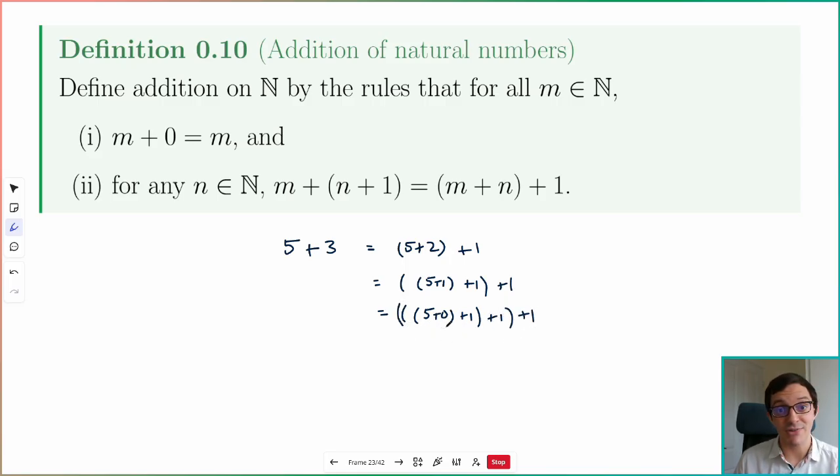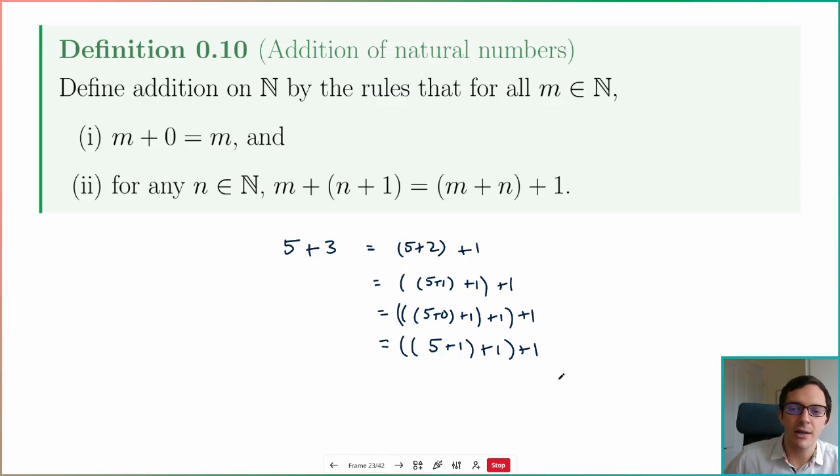And then you get down to 5 plus 0, at which point you're allowed to use this first part to say, well, 5 plus 0 is just 5. So then I have in the brackets here 5 plus 1 plus 1 plus 1. And behind this definition, I'm supposing that you have names for all the numbers, that you know how to add 1.